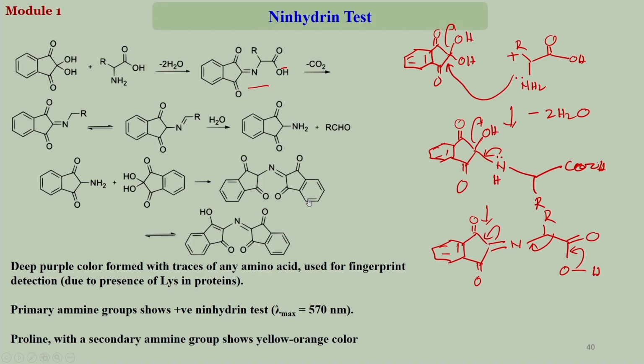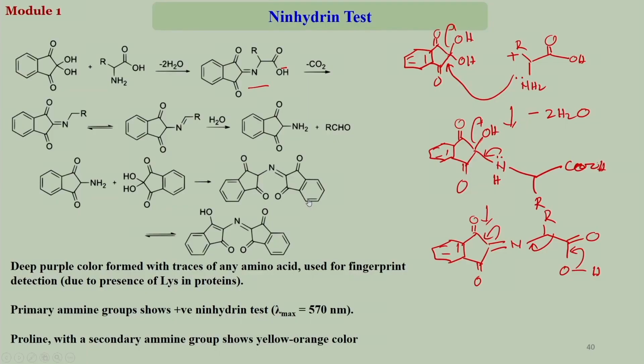So when ninhydrin reacts with an amine, finally you get this compound, which is usually deep purple in color and very intense. Therefore you can use a very trace amount of material; even a very trace quantity of amino acid will show some color. This is basically a test for primary amines.